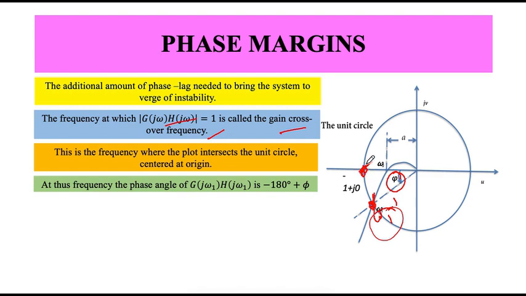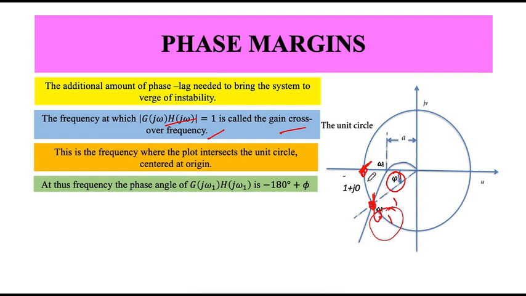Once I reach the point where the angle is minus 180 degrees, what will be GH? The plot of GH will pass through minus 1 plus j0. Once I have added this extra angle phi, just see this one, right?